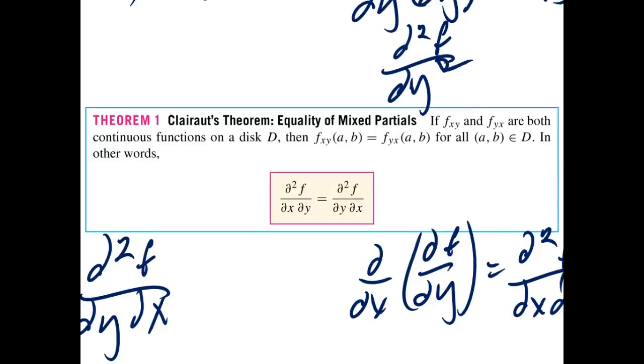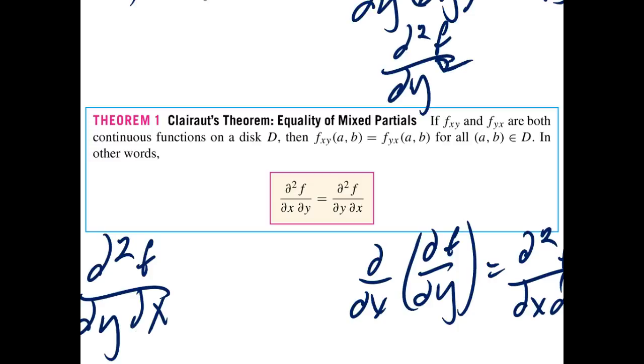If f sub xy, that's the partial of f with respect to x, and then you take the partial of that with respect to y, and f sub yx are both continuous functions on that disk D, remember those disk D's, then the mixed partials are the same.